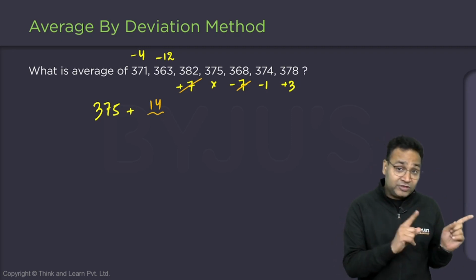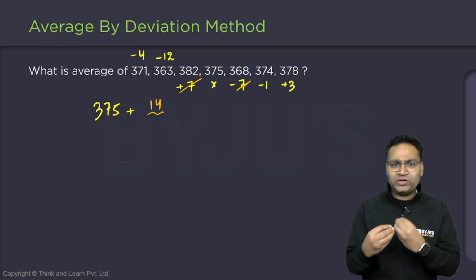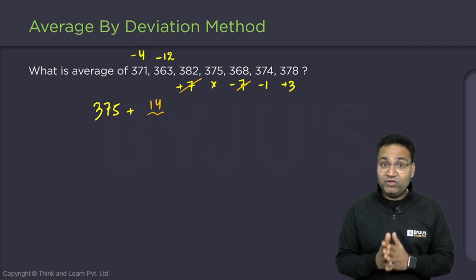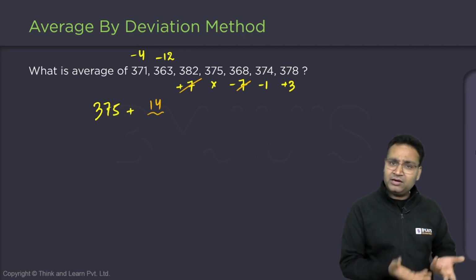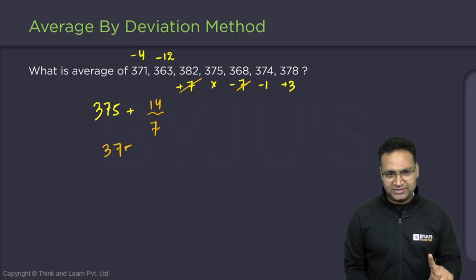This is a total deviation, while we are looking for the average. So whatever the total sum of these differences is, I will divide it by the number of elements, so I divide it by 7. So what is the answer? 375 plus 2, so the answer is 377?